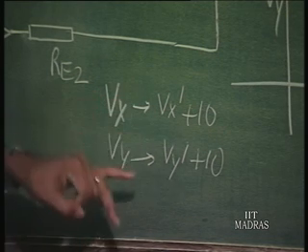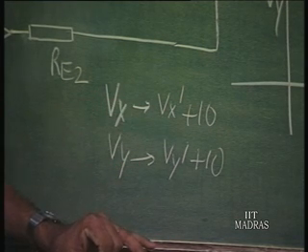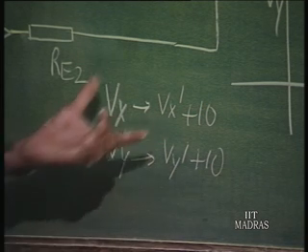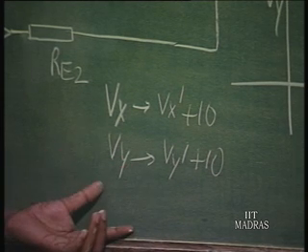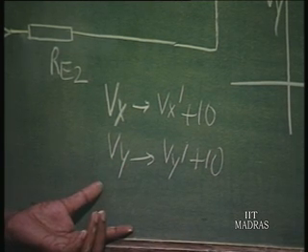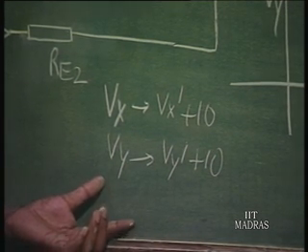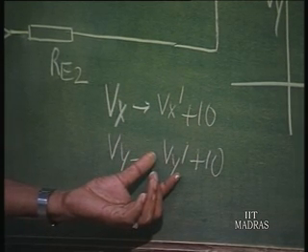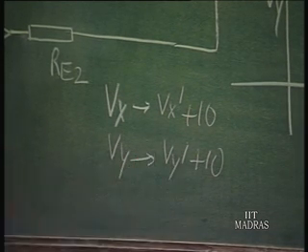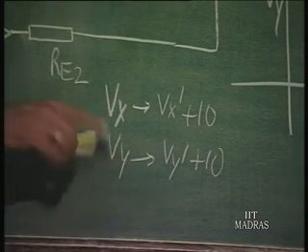Both Vx dash and Vy dash have to go to plus minus 10 volts. That means, effectively Vx and Vy will have to go up to 20 volts in this case. Therefore, if Vx and Vy limits are made equal to 0 to 20 volts, then Vx dash and Vy dash can be made plus minus 10 volts.